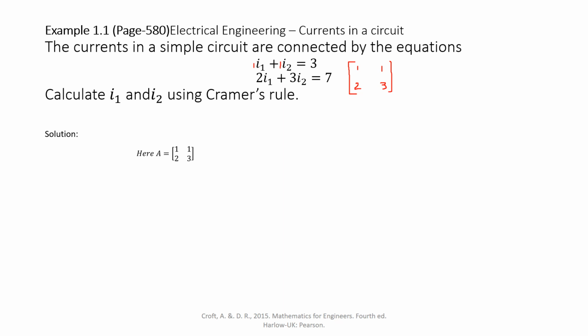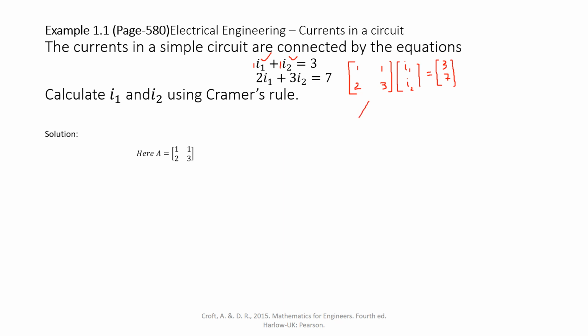And the variables are I1 and I2, so here we write I1 and here we write I2, equals 3 and 7.